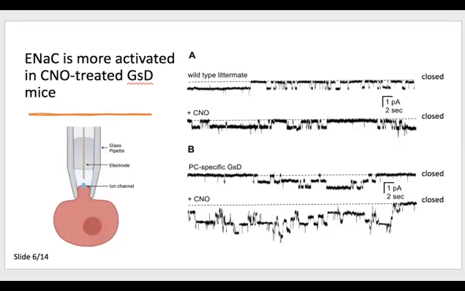In figure A, you can see that the wild-type tubules have reasonably similar ENaC activity with and without CNO treatment. And in figure B, you can see that the GS-DREAD tubules had much more robust ENaC activity when they were treated with CNO versus just no treatment.